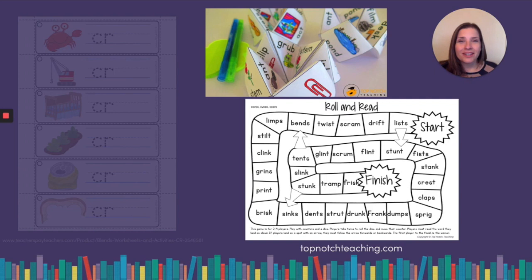So these activities from top-notch teaching, or anything similar to this, where we are reading the words using our letter sound knowledge and blending sounds together, practicing a variety of consonant blends, are fantastic. So you can see all sorts of blends, beginning blends, ending blends, and all sorts of combinations of letters that occur in words in English.